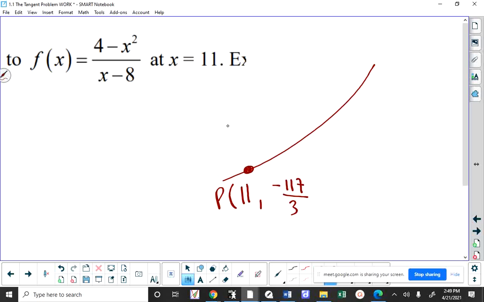Okay. So here's a point Q. Is Q fixed? No. Q roams all over the place. The only condition is Q cannot be on top of P. Since Q moves all over the place, the coordinates will be this.